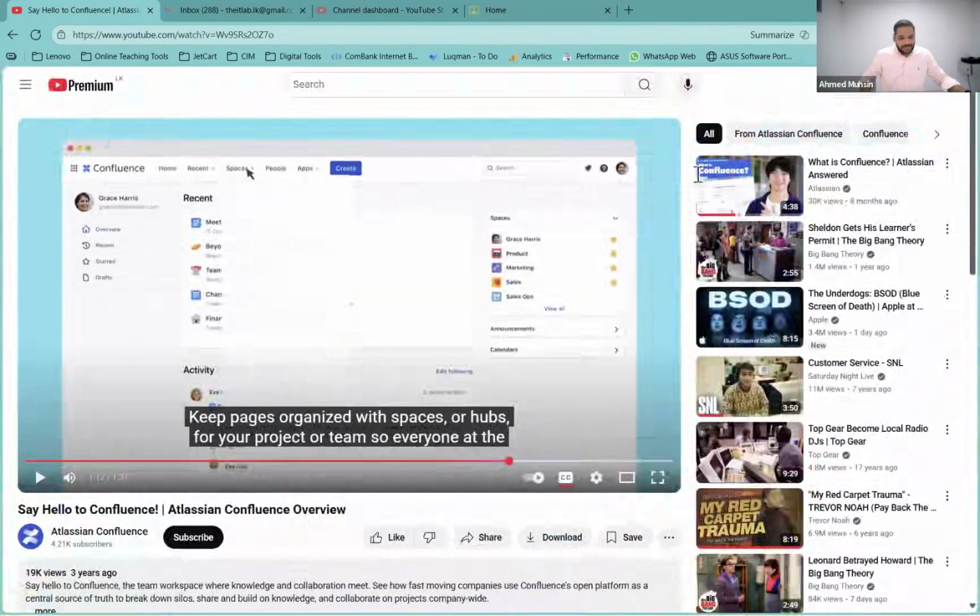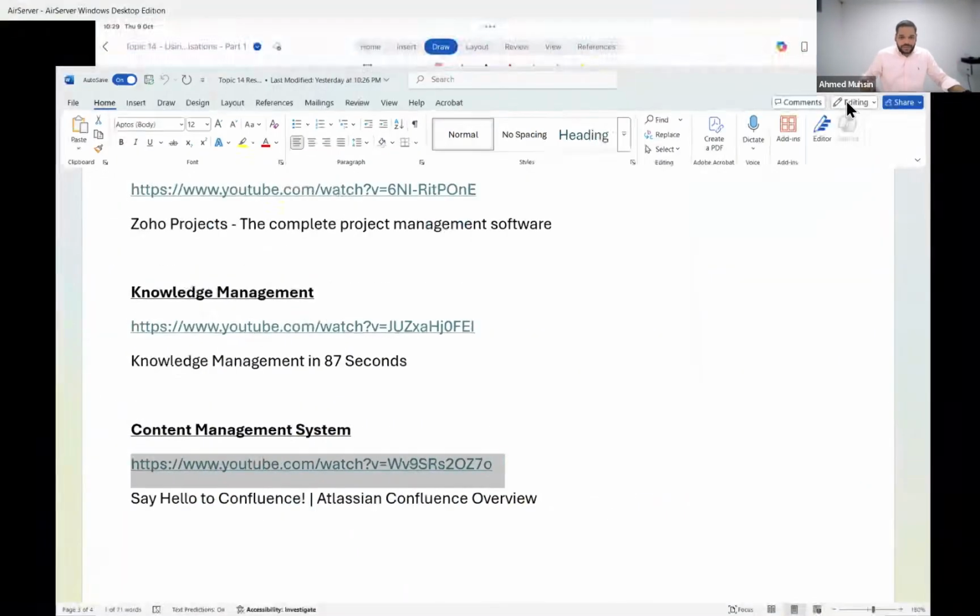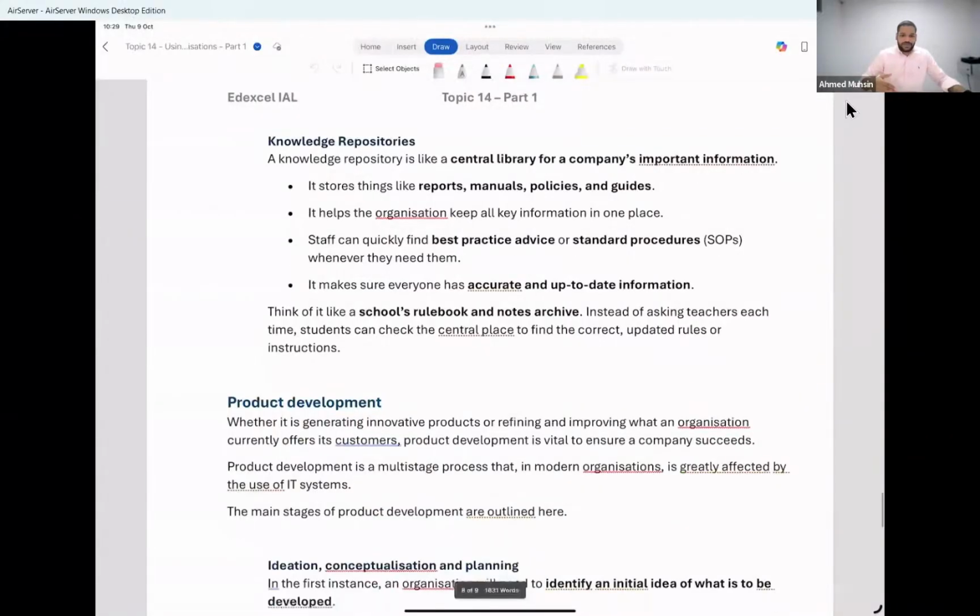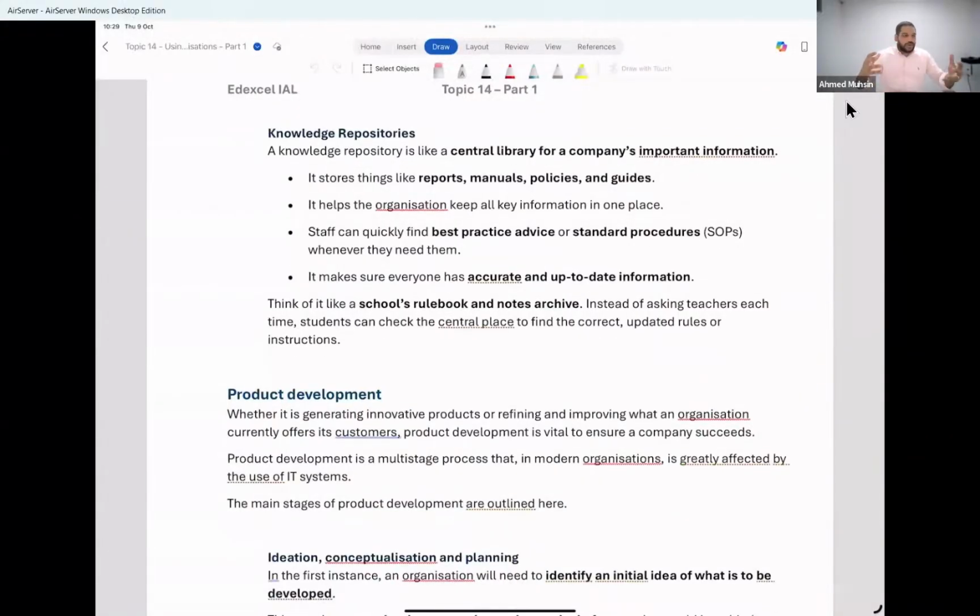Guys, read the next one. A similar word coming up again: knowledge repositories. Can you guys read that? This is like your data warehouse, where all your data is stored. Can you guys go through that? A knowledge repository is like a central library. It's like a data warehouse for a company's important information.